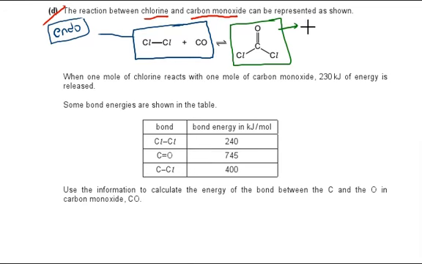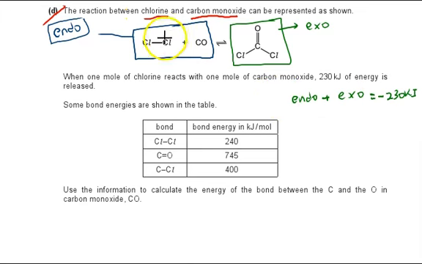So you are releasing heat, so this is the exothermic. So what happened here? The endo will be added to the exothermic, which is negative, so you'll be getting negative 230 kilojoules. So this is your understanding before you do the calculation.